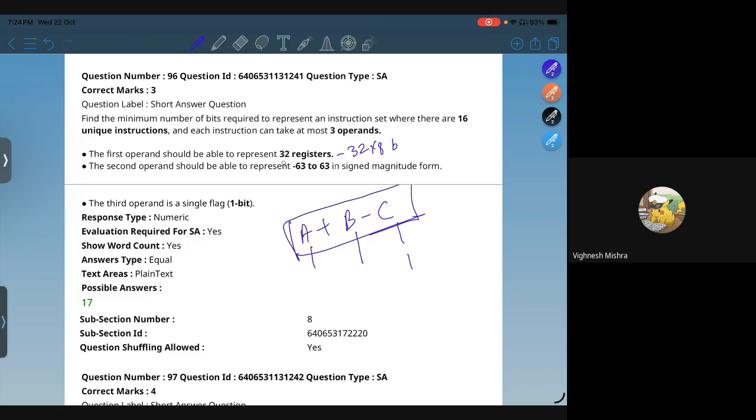And this is 1 bit. So this is 32 into 8, and for this we need 1, 2, 4, 8, 16, 32, and 64, and 1 sign bit. So that is 7 bits for this, 7 bits for this, and 1 bit for this.